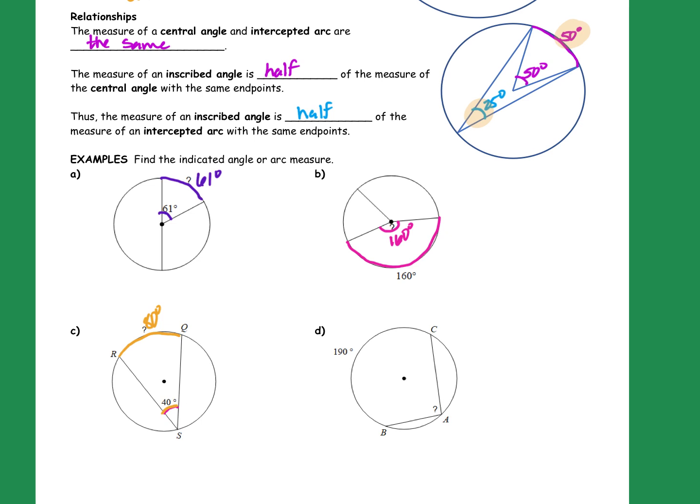So, a little harder. If my arc is 190 degrees, whew, that's a big arc. What's the measure of this angle? I think I need to get out my calculator for this one.